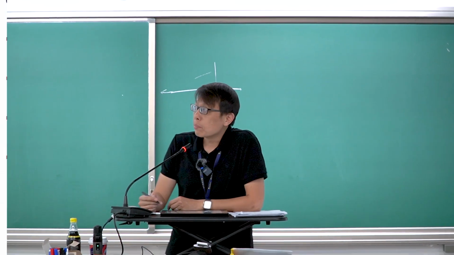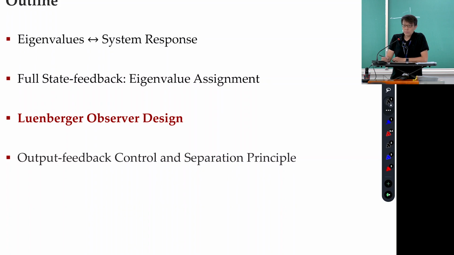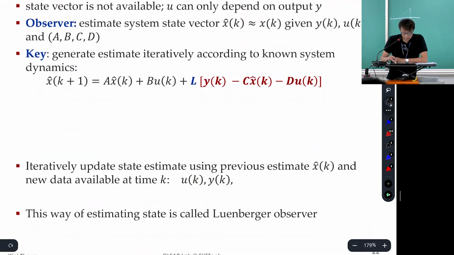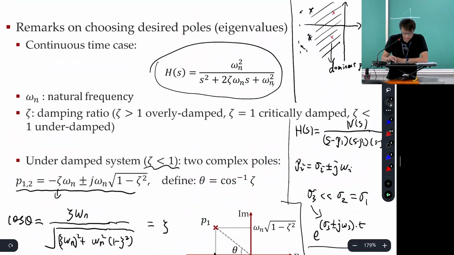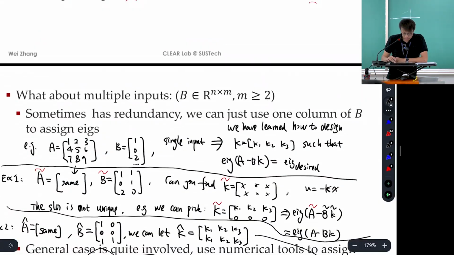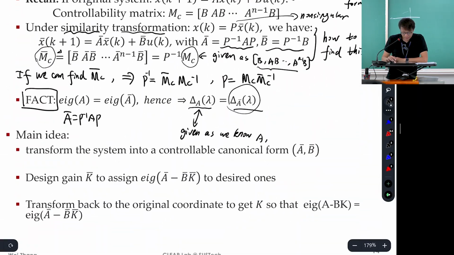So now we have completed the eigenvalue assignment problem for control design. The assumption we have made so far is state feedback. Our controller is of the form K times x, right?